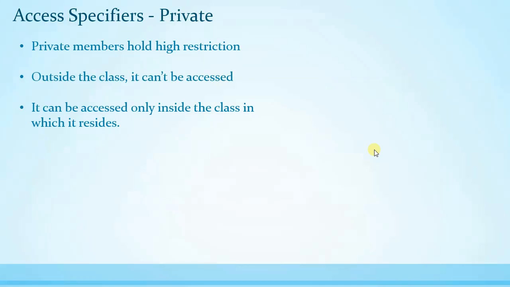It can be accessed only inside the class in which it resides. That means if you have a member function in the current class, then only those member functions can access those private members. That's why we call these members private to that class.